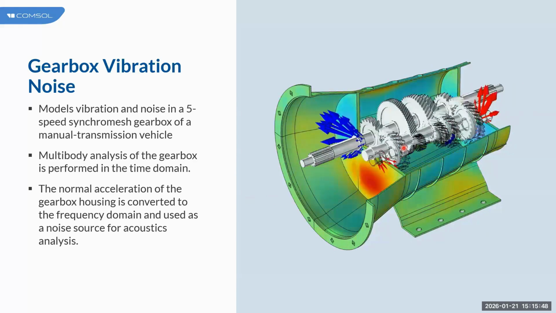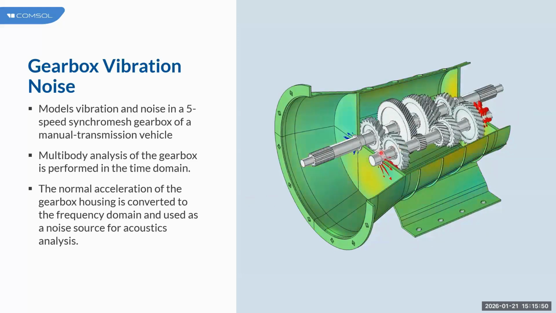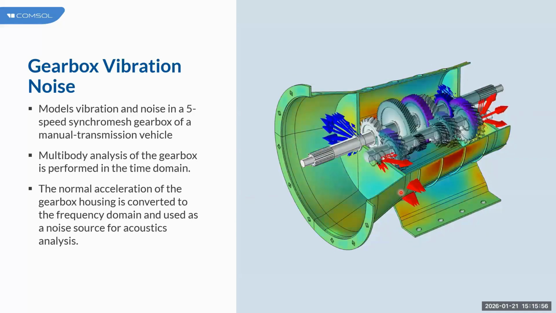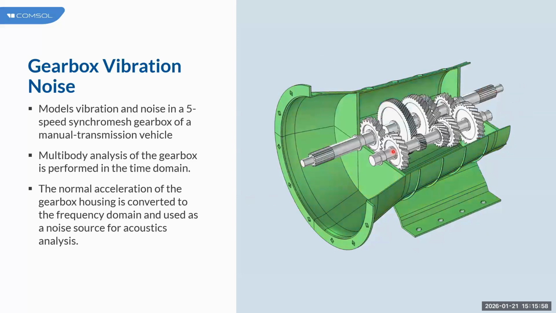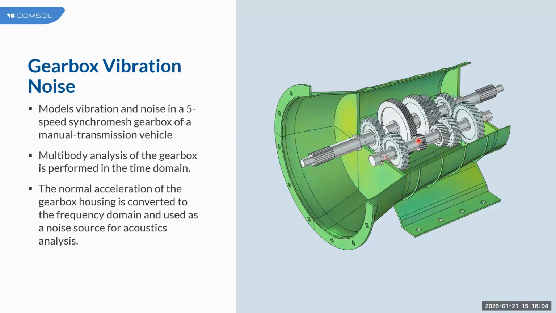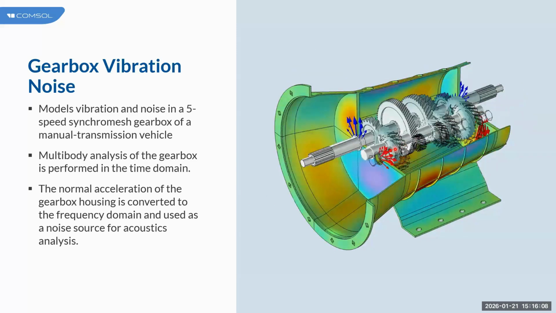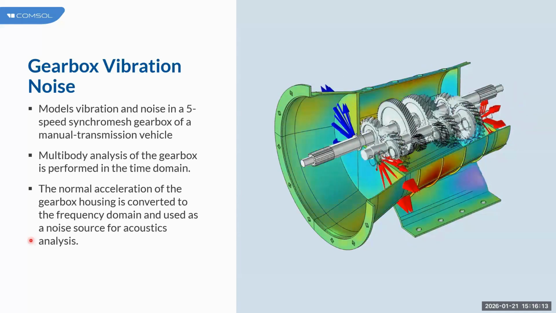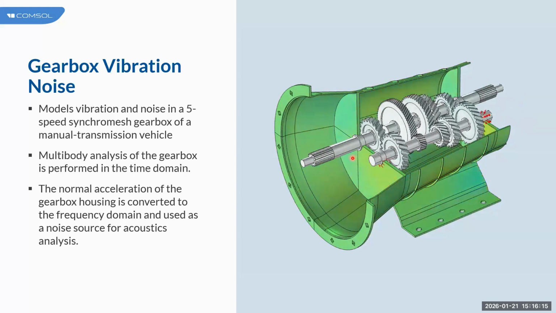So here, in order to numerically simulate the entire phenomenon of gearbox vibration and noise, we perform two analyses. First is the multi-body dynamics analysis to model this gearbox mechanism. Then the acoustic analysis to understand the noise out from this vibrating gearbox device. In the multi-body analysis, we compute the dynamics of the gears and housing vibrations.